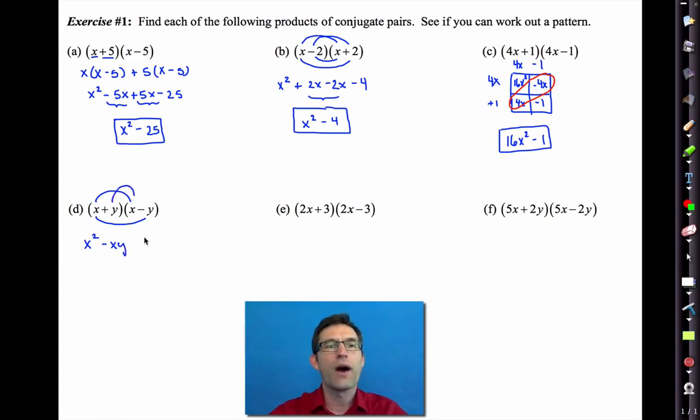Now here we've got y times x, but keep in mind that y times x and x times y are the same thing because of the commutative property of multiplication. So I'm just going to write that down. And then my last, y times negative y, would be negative y squared. These two are again opposites and they cancel, and we get x squared minus y squared.